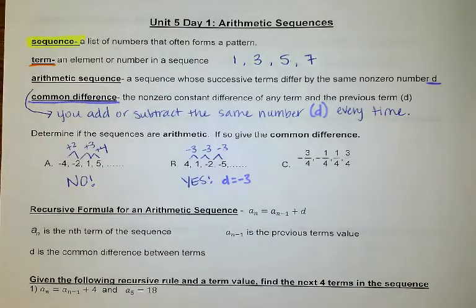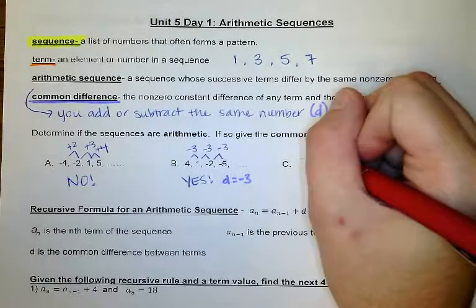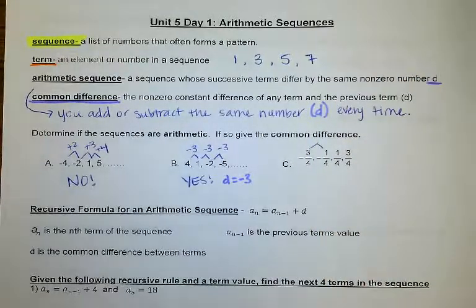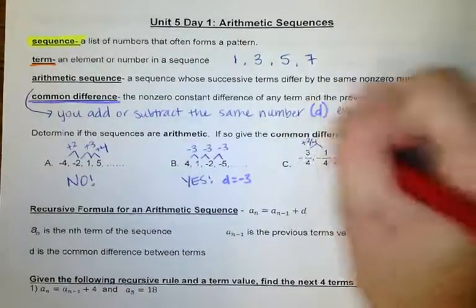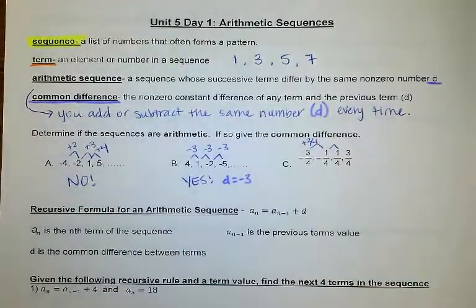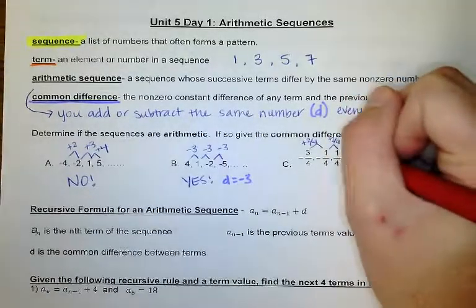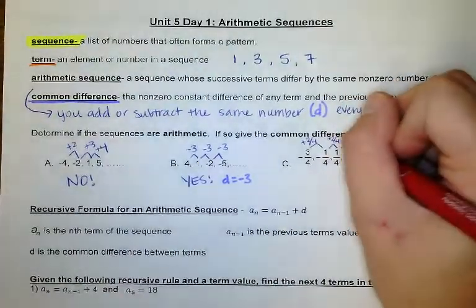Okay? Now, let's take a look at this one over here. This is a little bit annoying. Okay? To get from -3/4 to -1/4, what are we adding? 2/4. I like that. Okay? We're adding 2/4. To get from -1/4 to 1/4, we're adding 2/4 again. To get from 1/4 to 3/4, we're also adding 2/4.